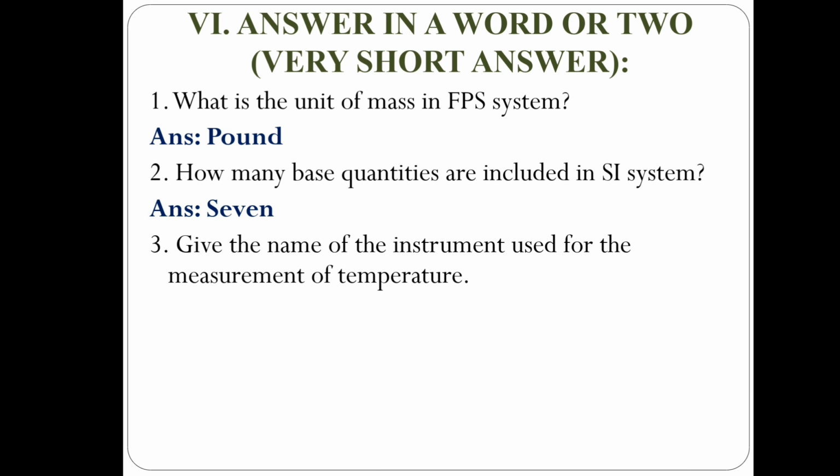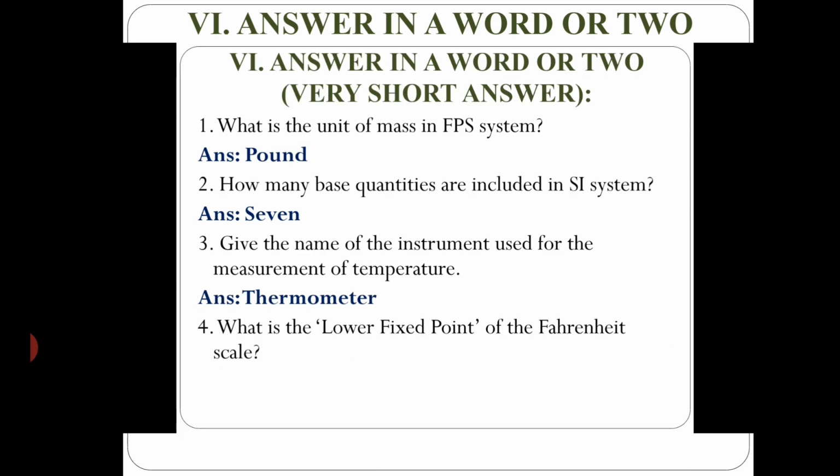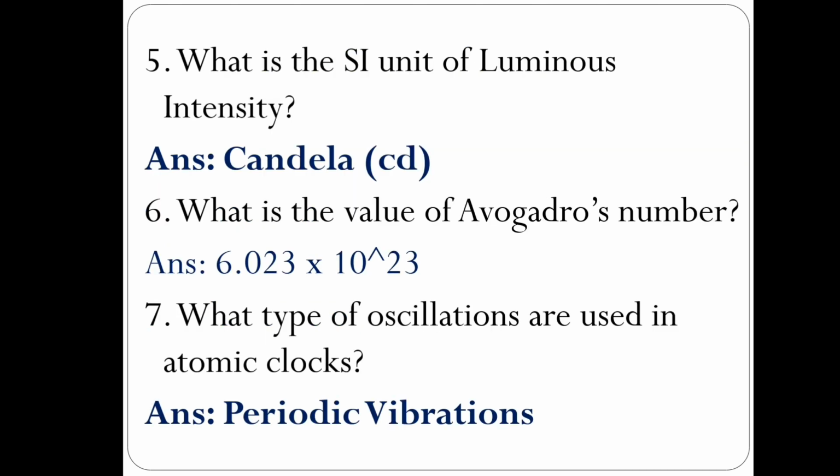If you want to measure temperature, what instrument do we need? It is the thermometer. What is the lower fixed point of the Fahrenheit scale? The lower fixed point of the Fahrenheit scale is 32 degree Fahrenheit.